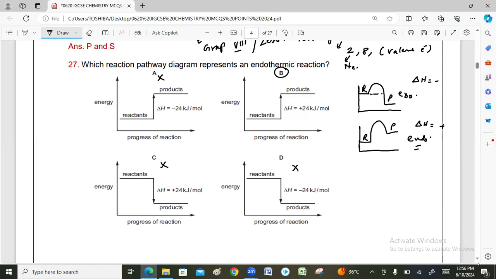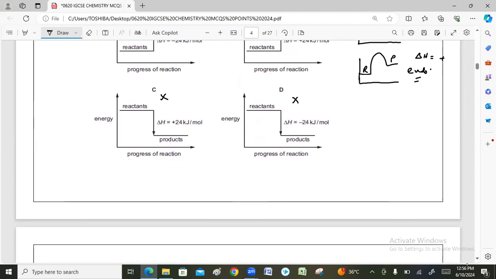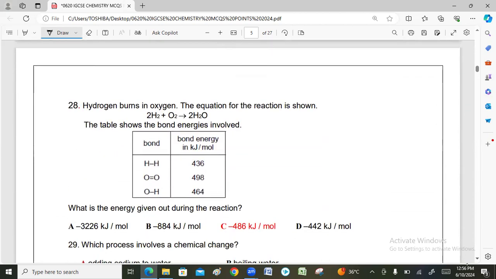If we draw the energy profile diagram, but this is actually a simple energy level diagram in which you will have to identify the position of reactants, products, and enthalpy change. So the products are above reactants in the endothermic change, and the enthalpy change is positive. So these are the 2 points which are required to solve this question.